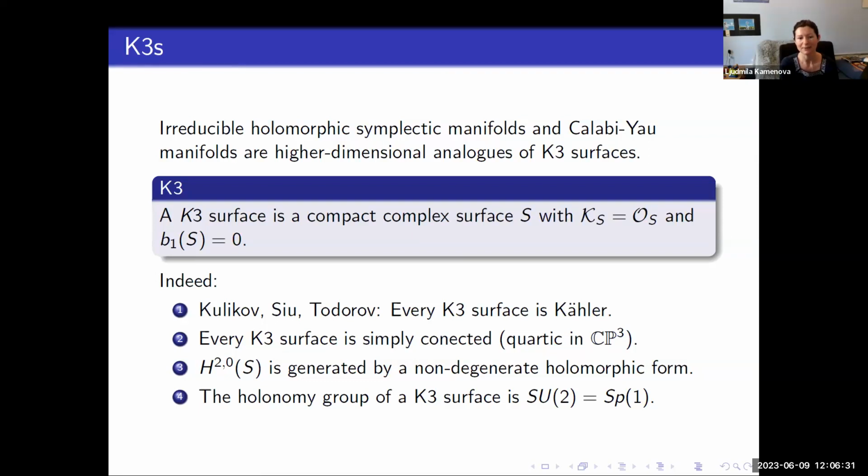Because you have these isomorphisms between Lie groups in small dimensions, both Calabi-Yau manifolds and hyperkählers are generalizations of K3 surfaces, but that's the only case they have in common. After that, they're different. Or you can think of hyperkähler manifolds as specific Calabi-Yau manifolds.